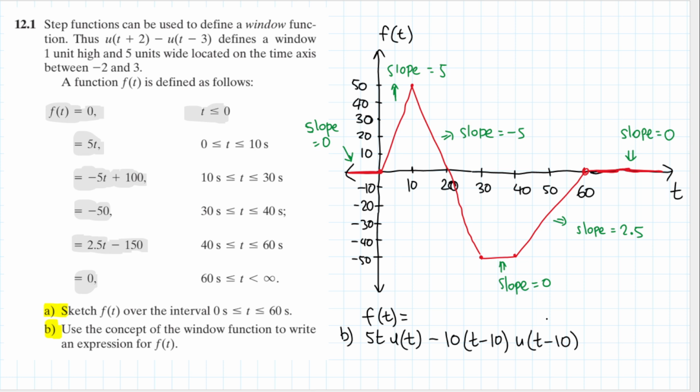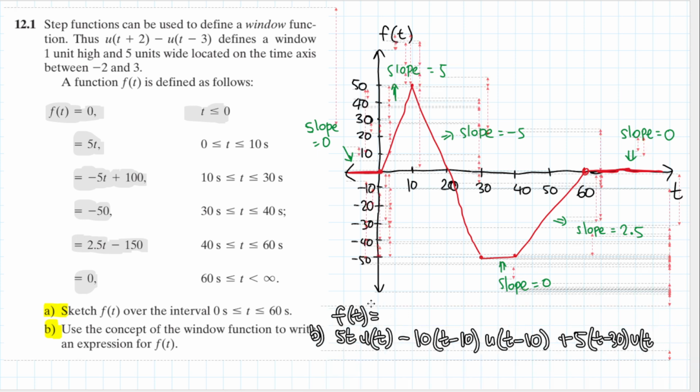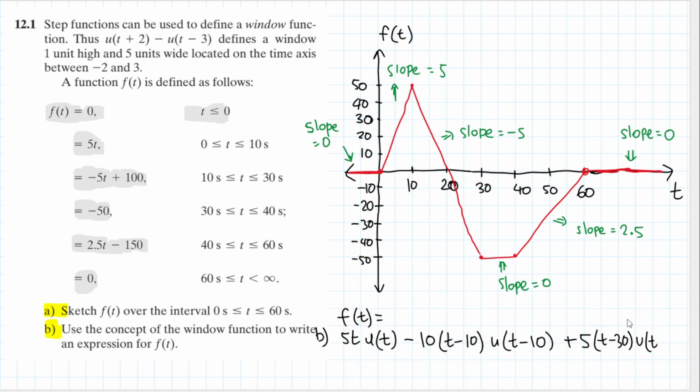To change minus 5 to 0, we need to add 5. So I'll have plus 5. And it changes when t is equal to 30, so I will have t minus 30, u(t minus 30). I ran out of space, so let's move it a little to the left.